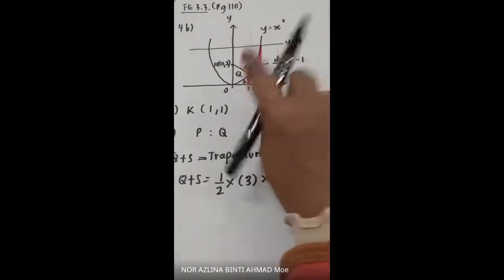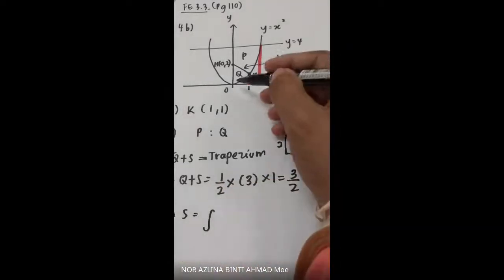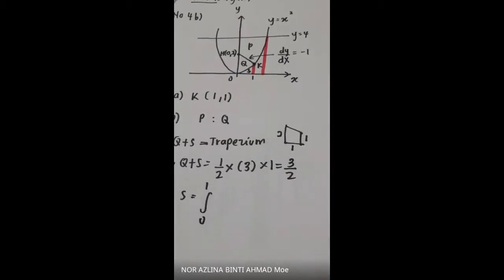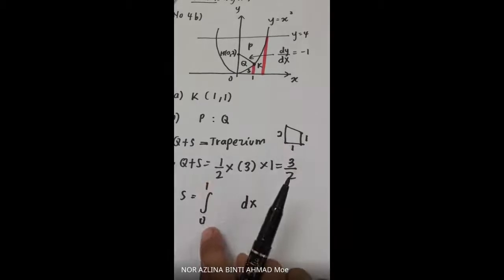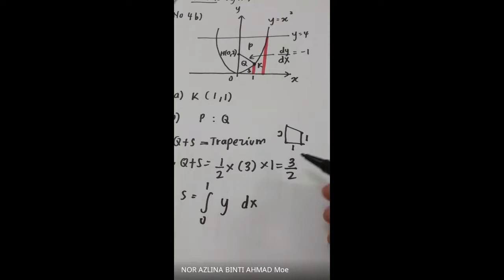How to get area S? Area S, integration from 0 to 1. This is dx because you use x-axis. When dx, here should be y.